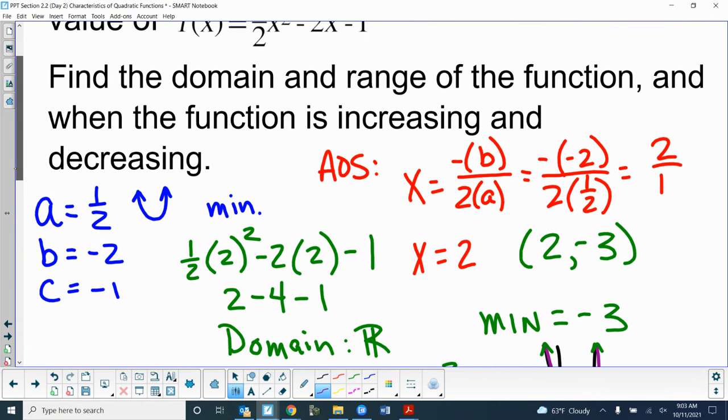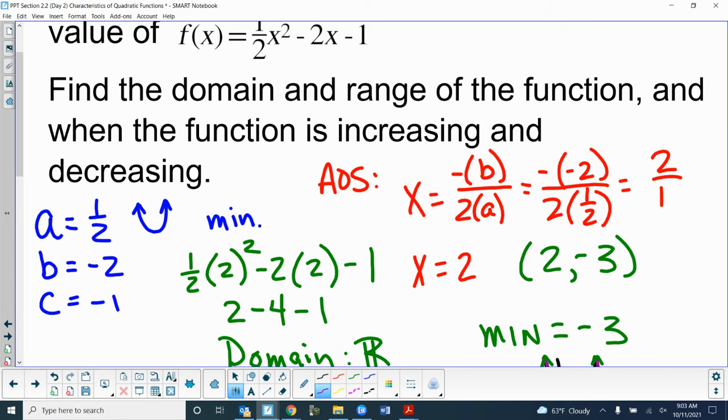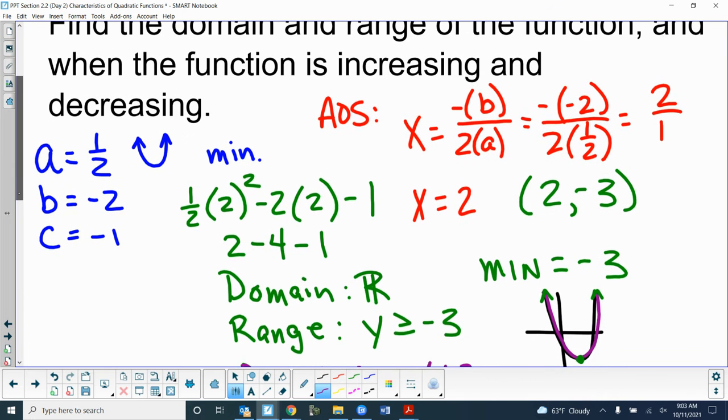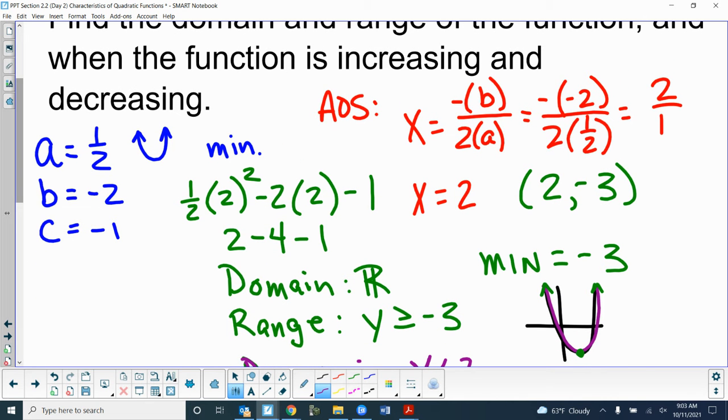All right, so the A value tells us if it opens up or down, then we know it's a min or a max, right? The axis of symmetry helps us find the vertex so we can figure out that min or max value. Domain for these parabolas right now, they're always opening up or down, is all real numbers, or x values. And range is, if it's a minimum, y is greater than or equal to the minimum value. If it's a max, y is less than or equal to the maximum value.